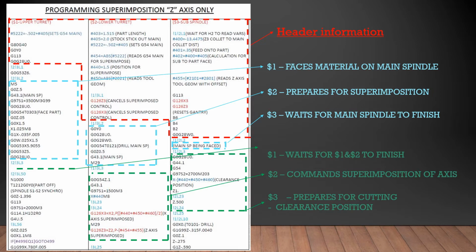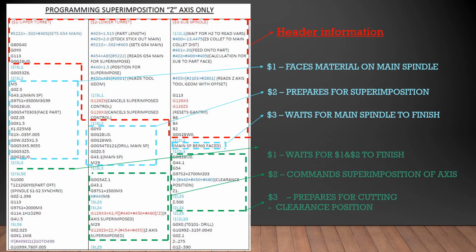Some of this is setting up the G54, which would normally be at the beginning of the program. The #5222 that you see there, again in the left column for the upper turret, is setting the G54. The 5222 is the work coordinate G54.